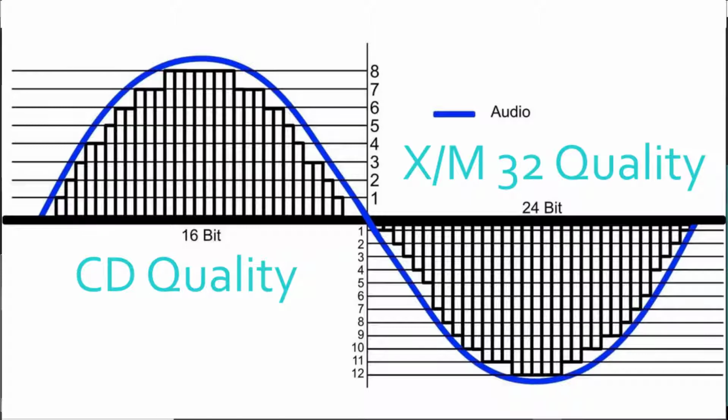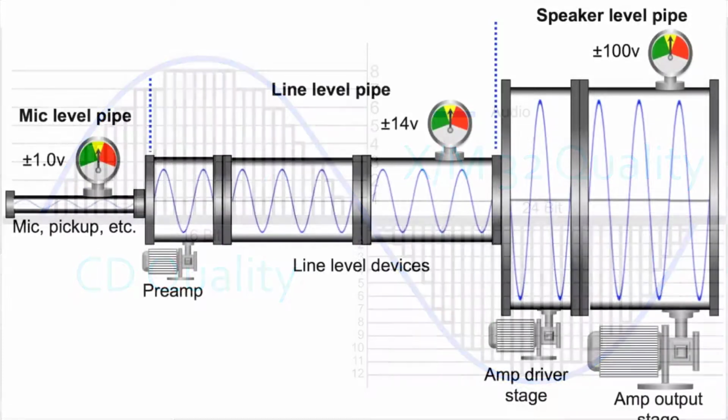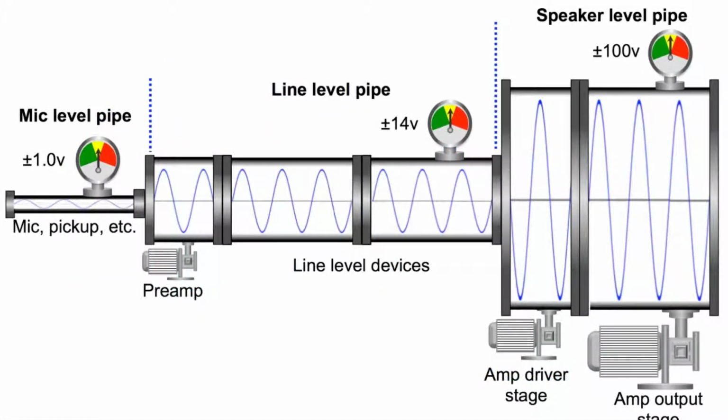If you don't understand what that means, it's a real simple thing. You have mic levels and you have line levels. That's why you have preamps in mixers. They take a mic level signal, which is a much lower signal, and they increase it to a line level signal. Okay? So keep that in mind.